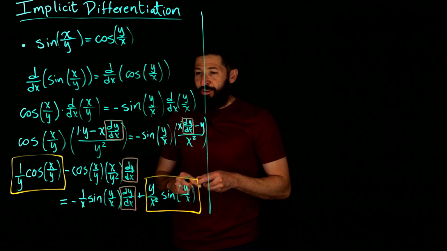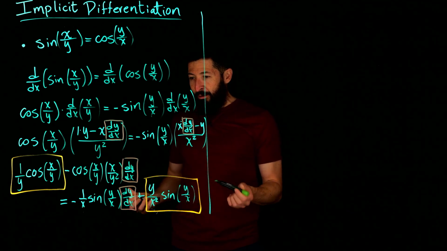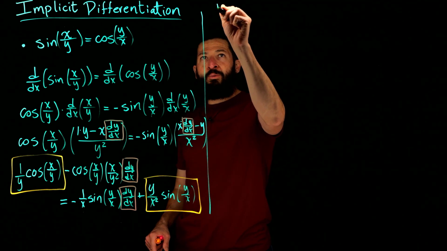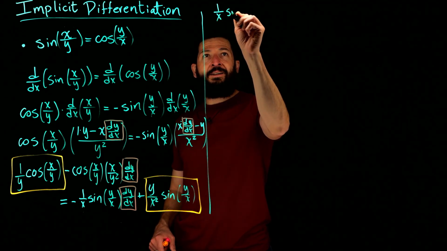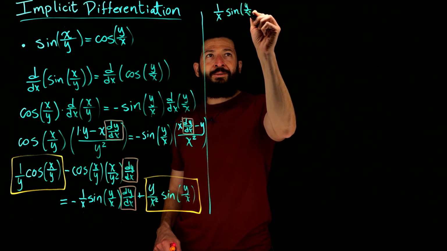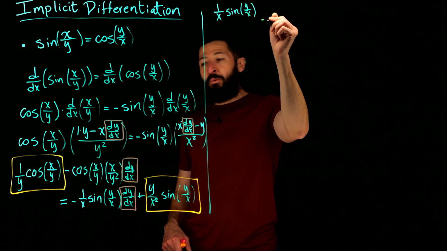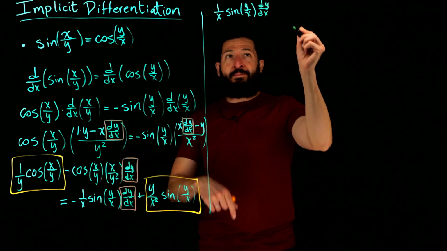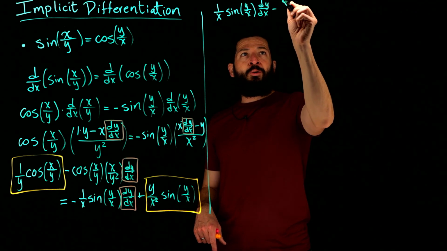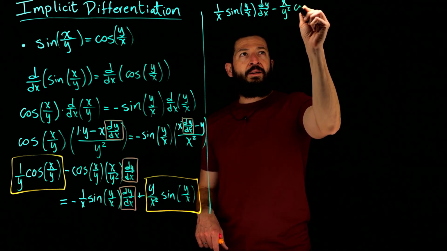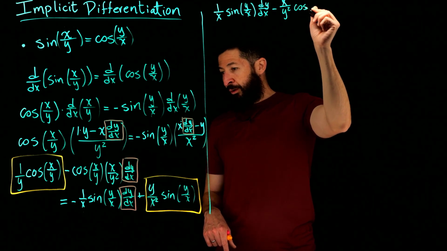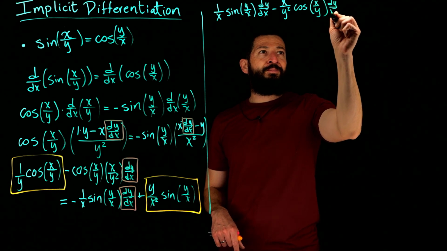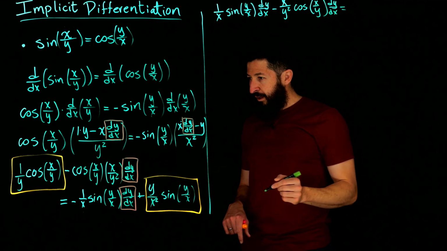So that's going to be my first step. I'm not going to write what I have to subtract and all because it's going to get really messy, but I'm going to add this term on both sides to cancel. That's going to give me 1 over x sine of y over x dy dx. And then here I'm going to have minus x over y squared cosine of x over y dy dx equal to, can I fit it all?